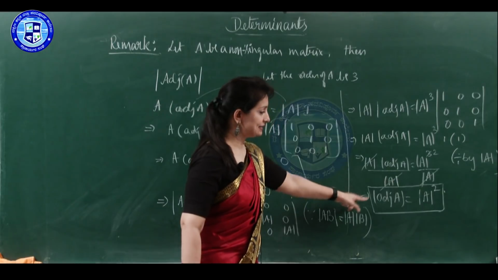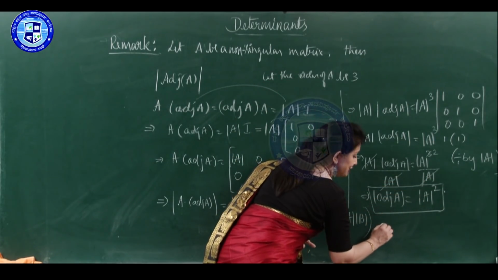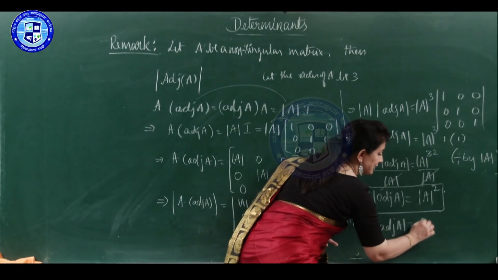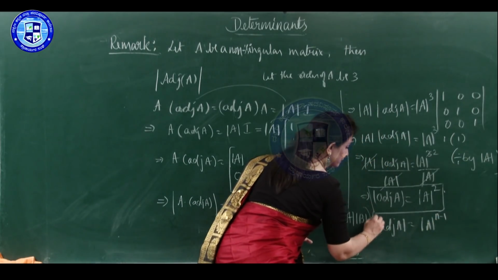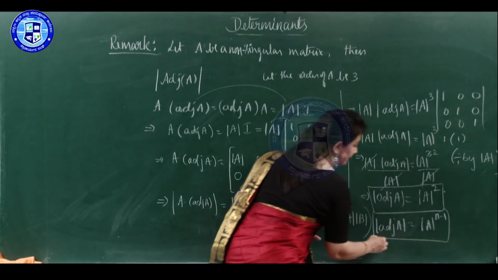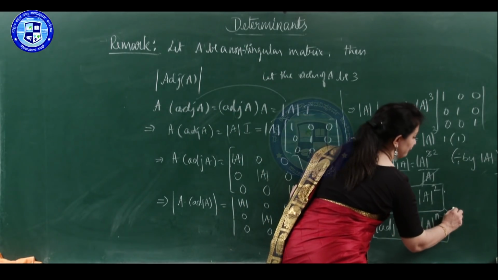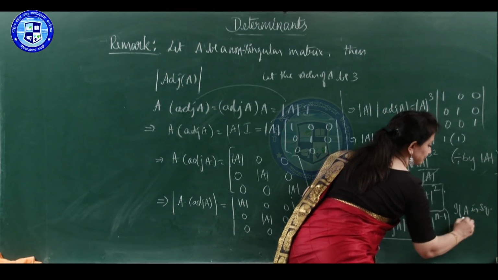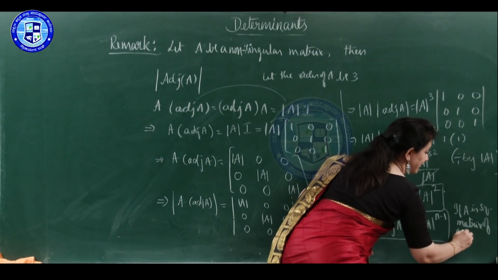So, if A is a square matrix of order n, then how will you write? Determinant of adjoint A equals determinant A to the power n minus 1. This is when A is a square matrix of order n.